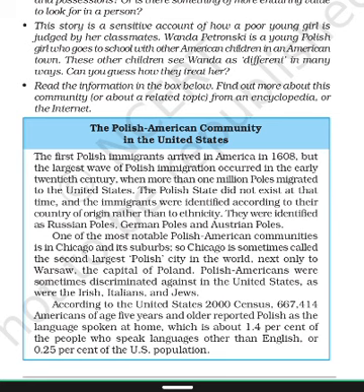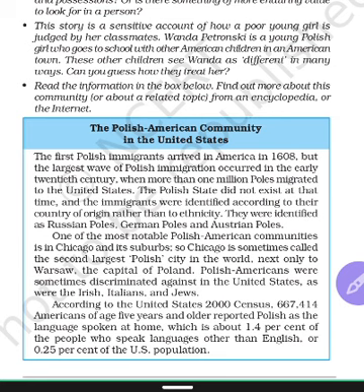The largest wave of Polish immigration was in the early 20th century, when more than 1 million Poles immigrated to the United States. The first immigration happened in 1608, but in the early 20th century around 1 million Polish people, called Poles, migrated to the United States.